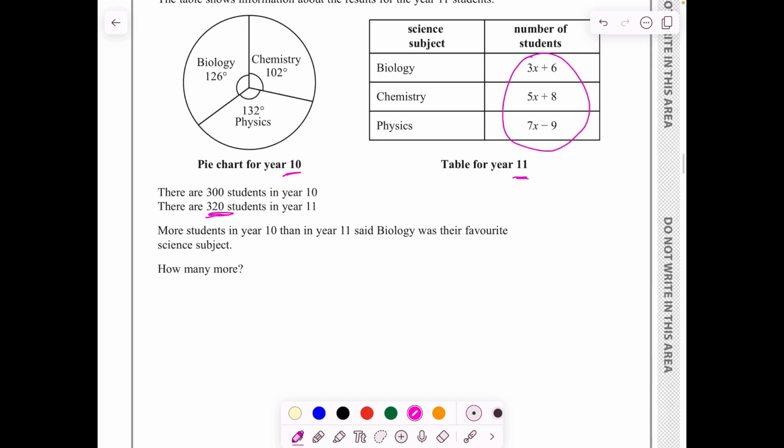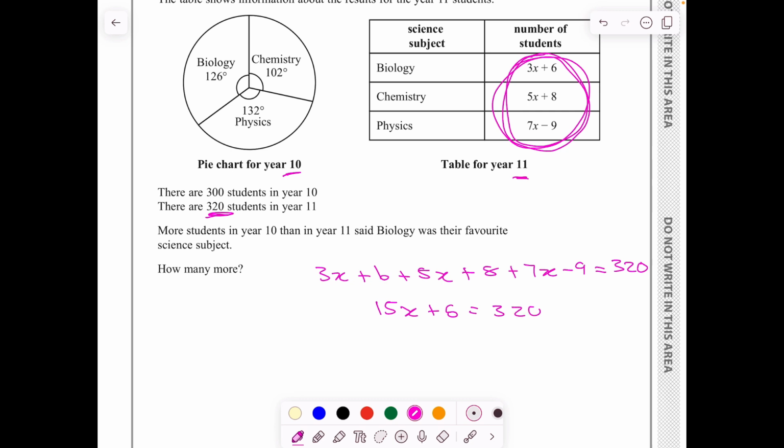So the first thing I'm going to do is do 3x plus 6 plus 5x plus 8 plus 7x minus 9, and that must equal 320. So all I did was add all of these up. I'm going to simplify, and that gives me 15x plus 5 equals 320.